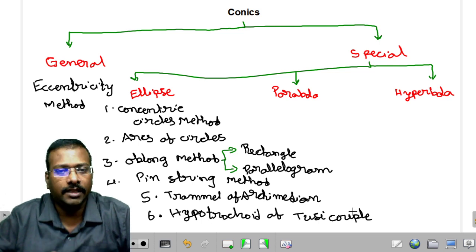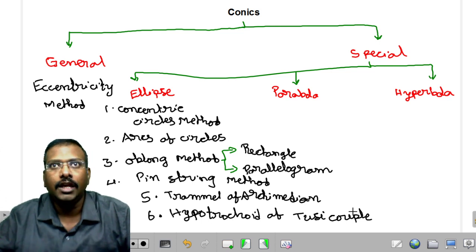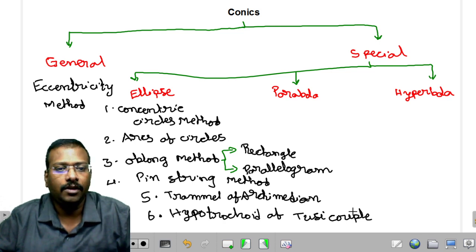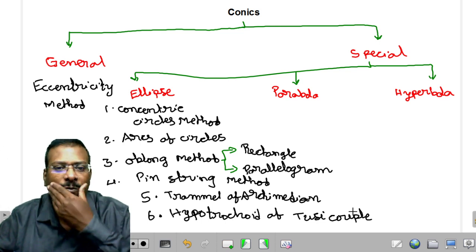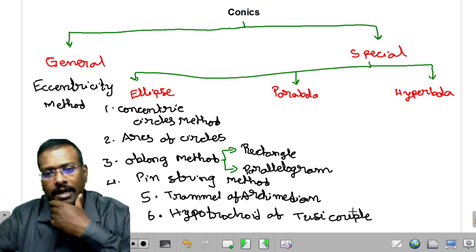Among these 6 methods, in my videos, I am explaining the first 3 and how to construct them. The people attending from the university point of view in the college stage may be asked to draw the ellipse by using any of these 3, that is concentric, arcs of circle, or oblong. Oblong may involve 2, that is the rectangular method or the parallelogram method.